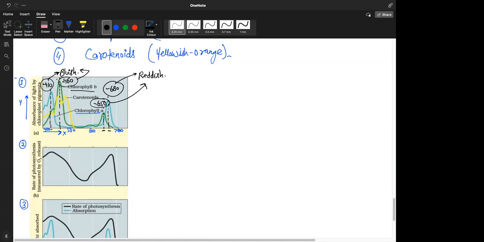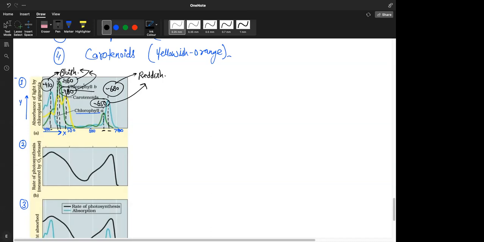Now, carotenoids. One peak of carotenoid is very close to chlorophyll B, right? Which is just here, correct? Around 450, let's say. Yes, sir. Again, bluish region. The other peak is also close to 460 only. Let's say this time it's 480. Can I say 480? Yes, sir.